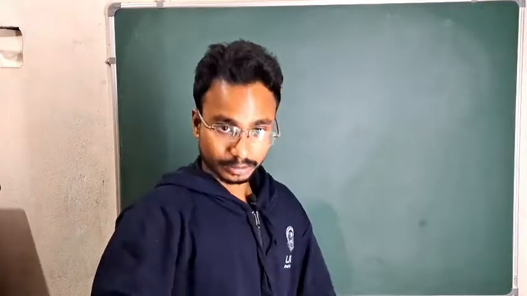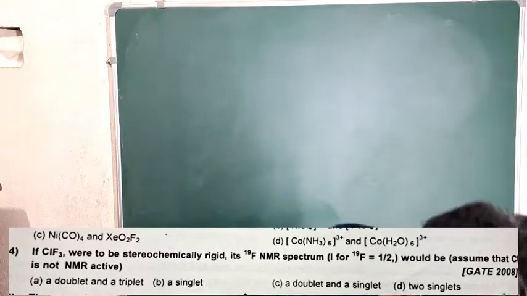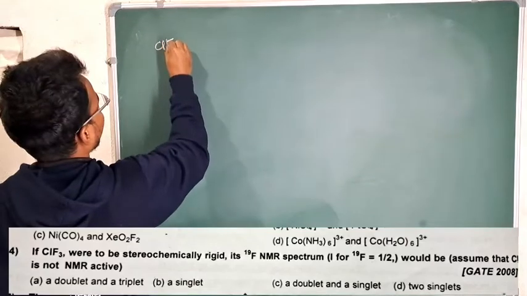So next question, read on the screen. ClF3 is found to be stereochemically rigid, and the 19F NMR spectrum would be what? Okay, they are asking about ClF3.